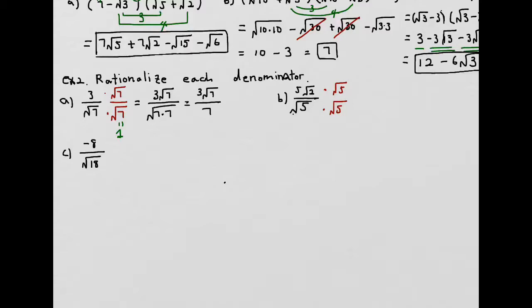So you're going to multiply numerator and denominator by square root of 5. That will give you 5 square root of 10 on the numerator. Denominator will be square root of 5 times 5, which is going to be 5. And then reduce or simplify, 5 goes into 5 one time. So you end up getting square root of 10.